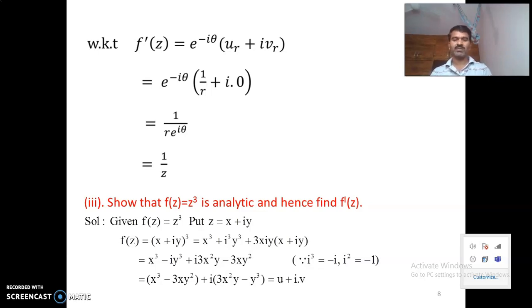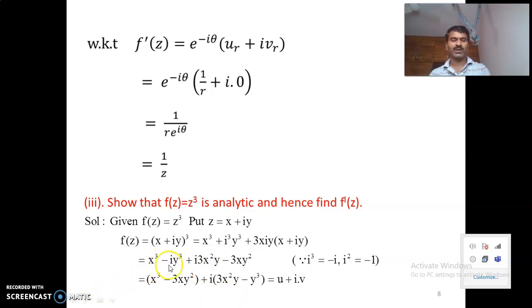And the third problem: the function f of z equals z cube, which is also analytic, and we also find its derivative. Again take z equal to x plus iy and w equal to f of z.